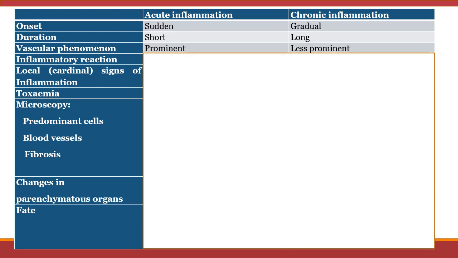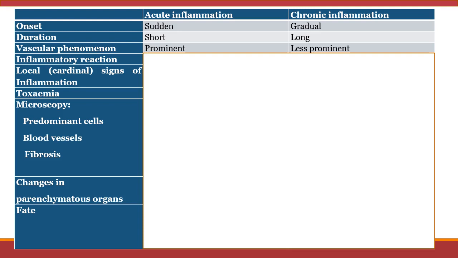in chronic inflammation. What about the nature of the inflammatory reaction? Which one has more exudates, more fluid? Which one has more proliferation of cells? Is acute inflammation characterized by more fluid exudate or more cell proliferation? More fluid exudate. Why? It is related to the vascular phenomena, because when the vessels are dilated and have increased permeability, we have more fluid, right?